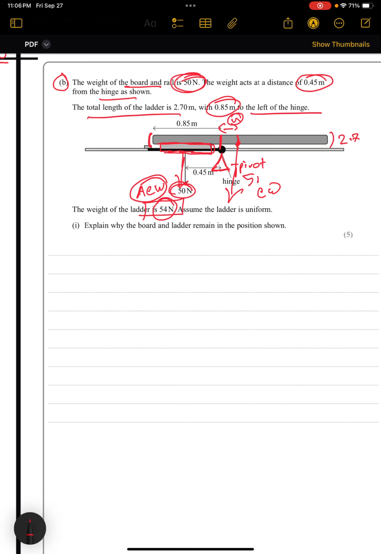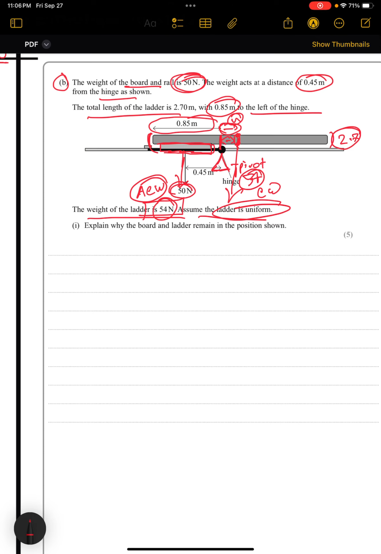As the ladder is uniform, the anti-clockwise moment will be equal to the clockwise moment. If this is 2.7, this will be 2.7 divided by 2, and we have to subtract 0.85 from it to find this distance.